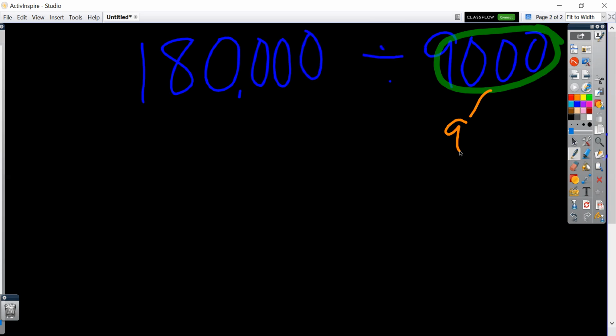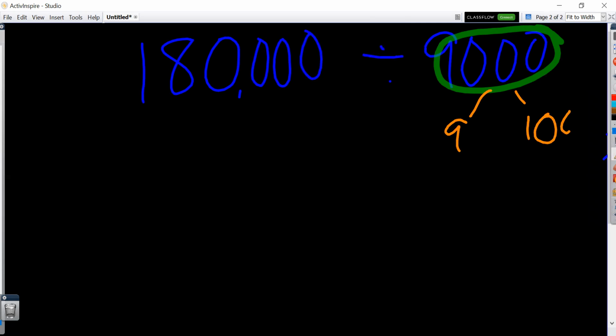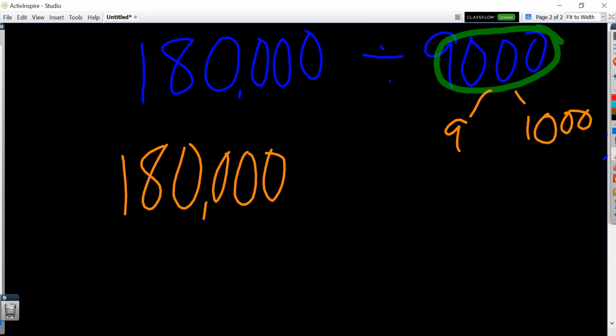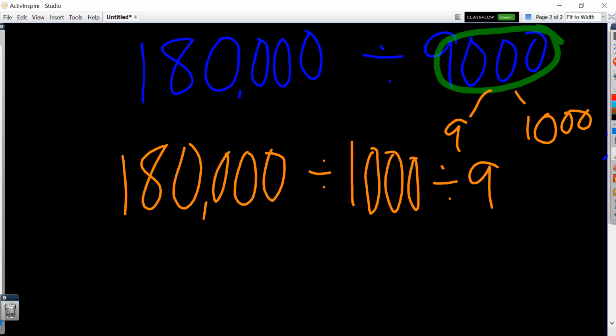Well, it's 9 groups of 1,000. So if we rewrite this sentence and make sure the multiple of 10 is the second divisor, 180,000 divided by 1,000 divided by 9, because order of operations says we have to do it in the order of the sentence.